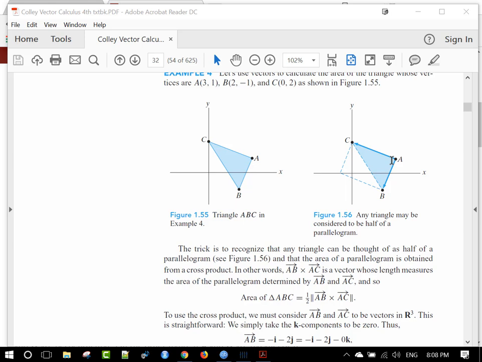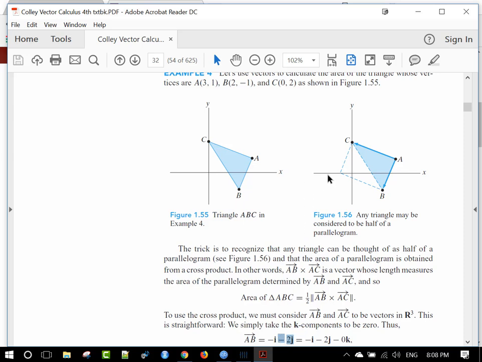But if we imagine that the plane is part of 3D and these vectors have no k component, we just assume that the k component is 0. So we can write AB. Remember, going from A to B, we take 2 minus 3 and minus 1 minus 1. So that's negative 1 and negative 2, which is what they have here, and the k component is 0.